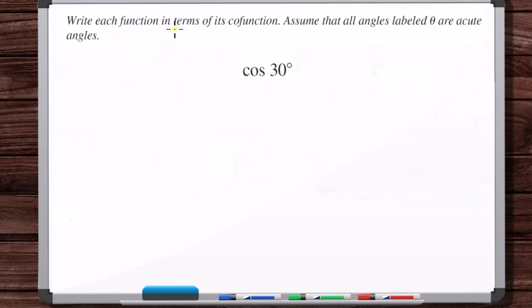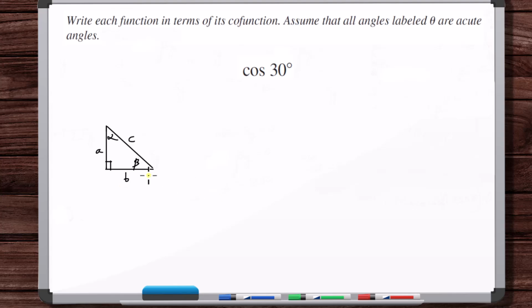Write each function in terms of its cofunction. Assume that all angles labeled theta are acute angles. All right, so cofunctions. How do cofunctions work? Well, the idea is for a right triangle, if we've got, let's say, this angle is beta and this angle is alpha, and you've got sides A, B, C. Well, the cosine of beta is what?